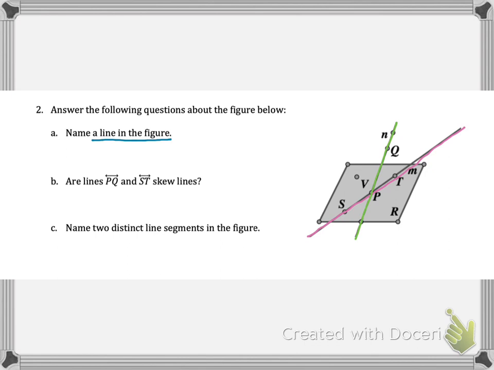So we could label it line SP, and then above it we'd put the symbol of a line. Or we could also label it line ST, or we could label it PT, because all 3 of those points lie on the pink line that I've drawn.